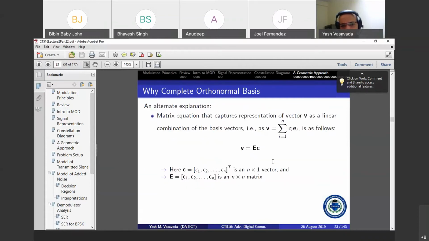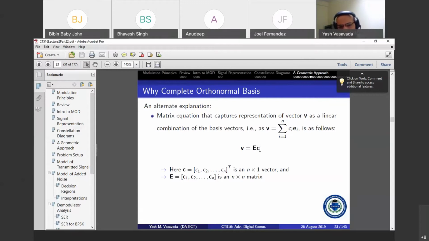And we said that if I have an orthonormal basis defined by this matrix capital E, the columns of this E are the basis vectors. Think of them as essentially forming perpendicular directions.